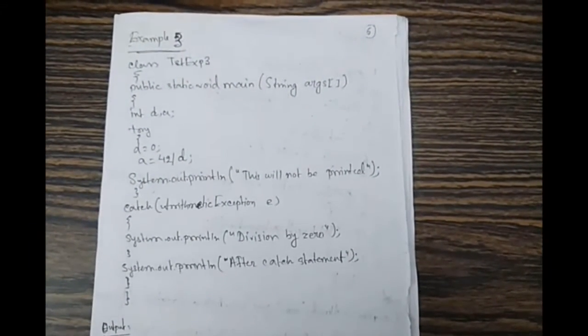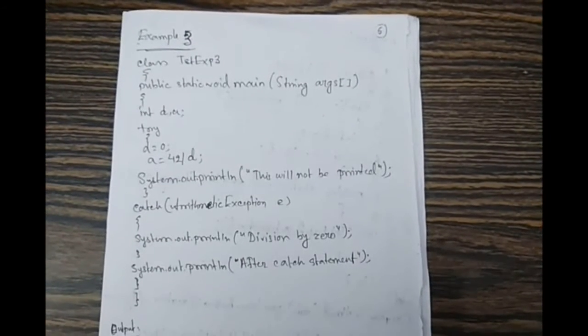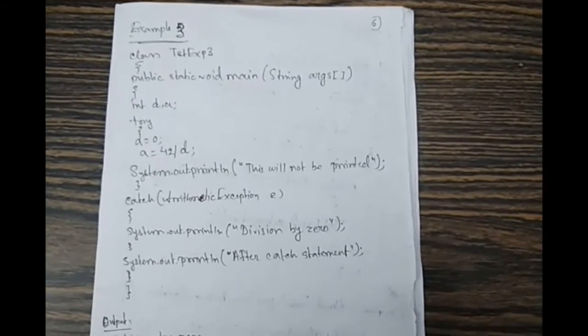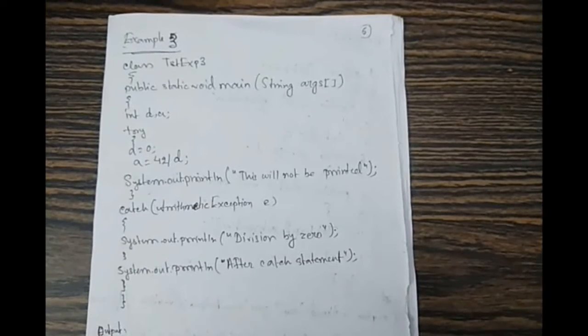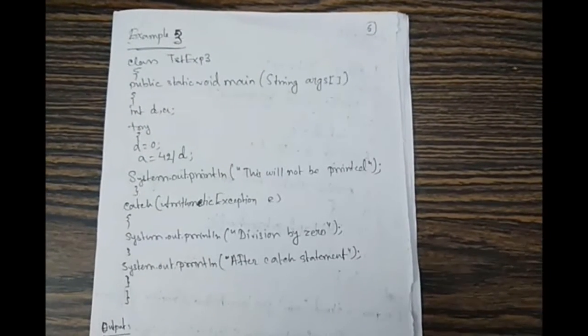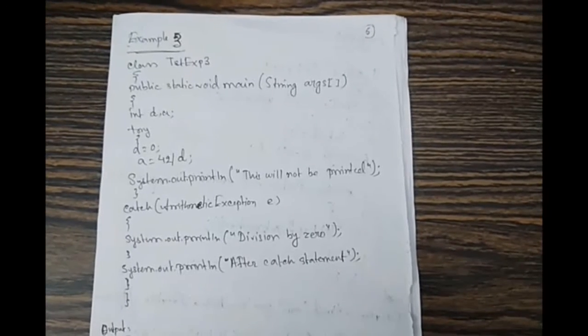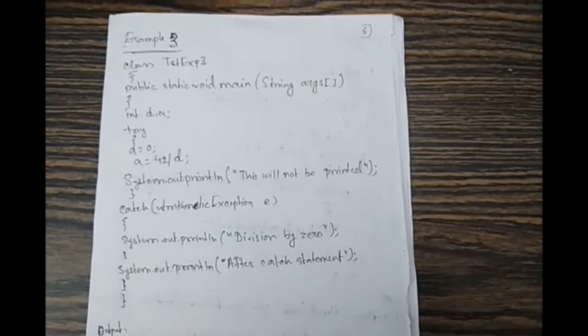So we are writing a statement that will cause division by 0 error, and that will be the arithmetic exception, and that is written in the try block and caught in the catch block.